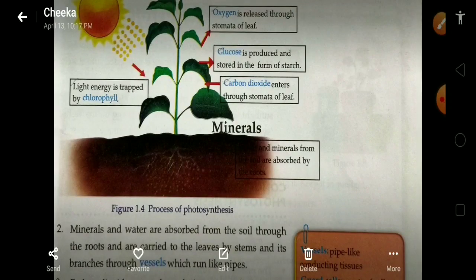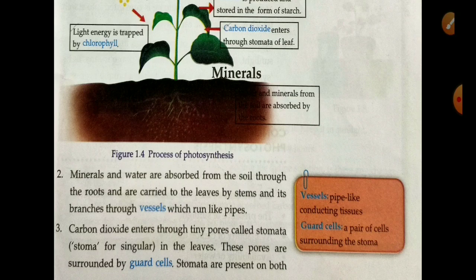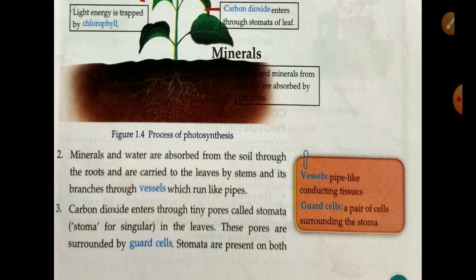Now I will tell you the points related to photosynthesis, meaning the raw materials, how these raw materials are used and converted. Here we are given minerals and water. Minerals and water are absorbed from the soil through the roots and are carried to the leaves by the stem and its branches through vessels which run like a pipe.